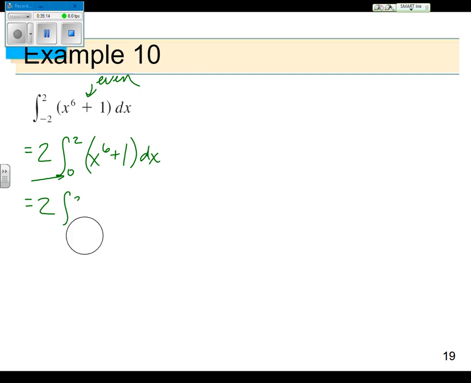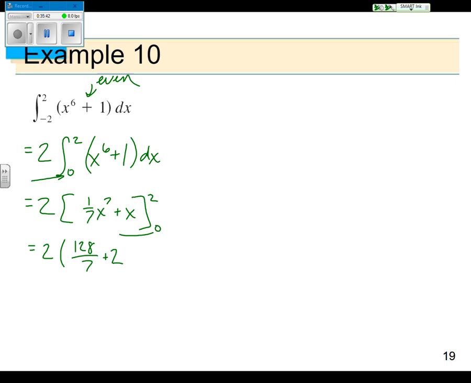I guess I can get rid of my integral sign since I'm ready to integrate. And so it's going to be 1/7 x to the 7th plus x evaluated from 0 to 2. So I'm going to end up with 2 times, well, if I plug in 2 into that, 2 to the 7th power is 128 over 7. And then plug in 2 right here, it's just going to give me 2.